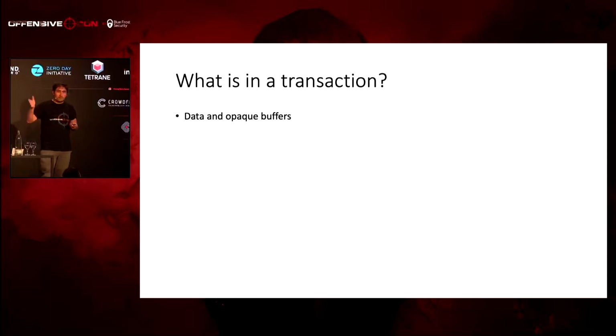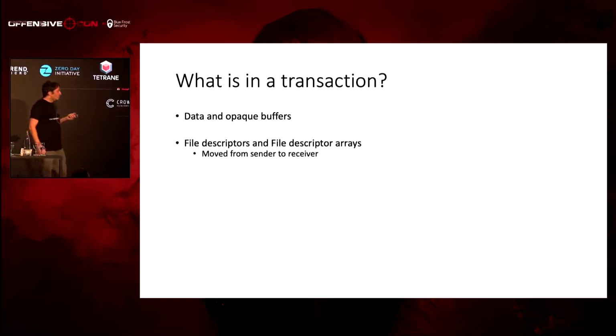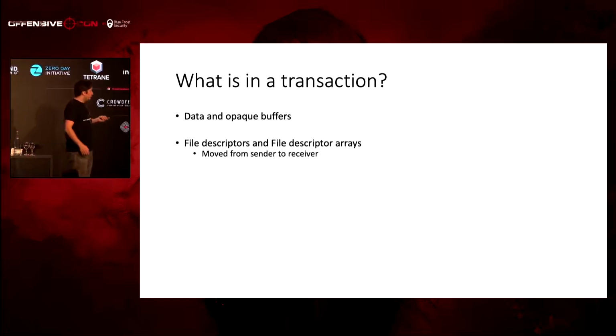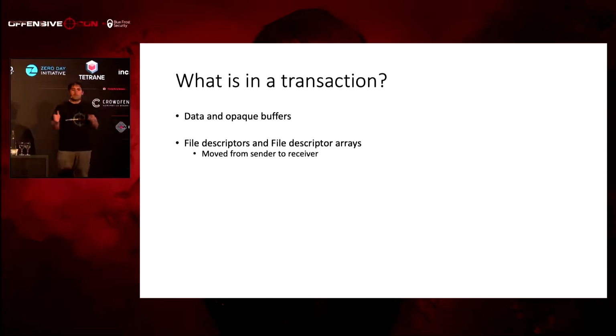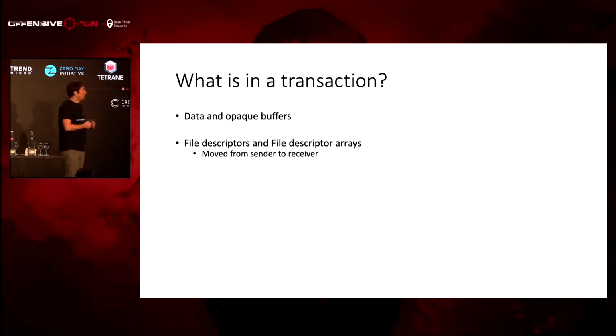The offsets array has offsets into the transaction at which the driver is going to find objects that it has to translate. Those objects can be of different types, including file descriptors. It will send the file descriptor the same as if you send them through a Unix socket. It just appears on the other side.